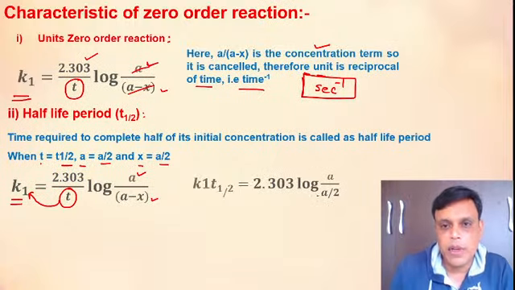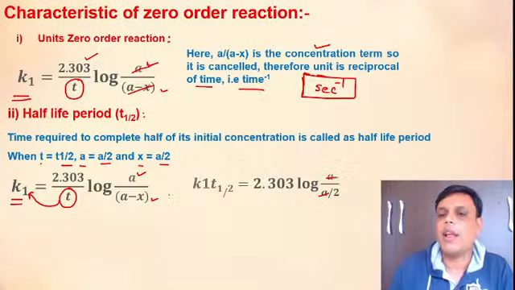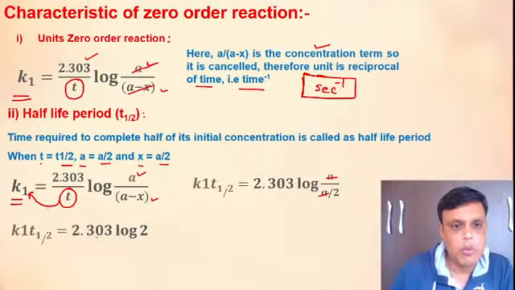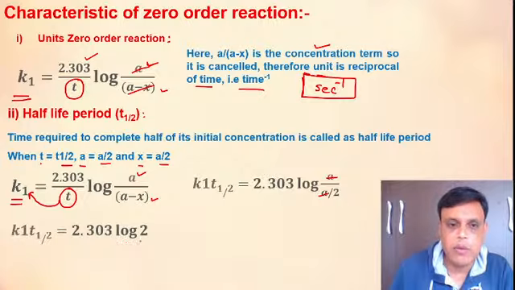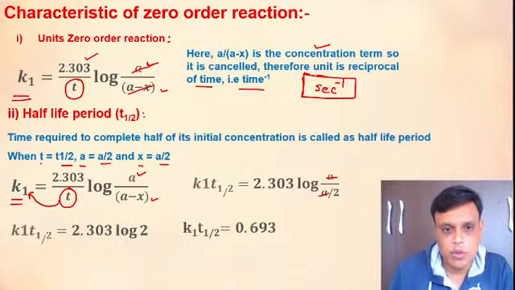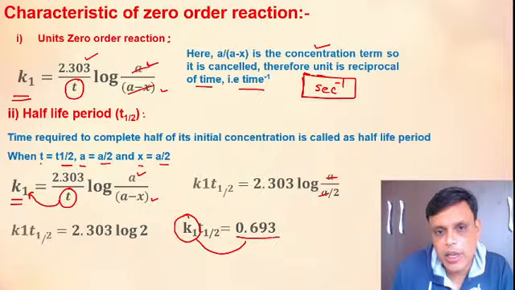So what will happen? This a and a will cancel. We will remain with only this: k1 t half is equal to 2.303 log 2. If we take log 2 and multiply that value with 2.303, we will get 0.693. So k1 t half is equal to 0.693. And if we take this k1, which is multiplying, to the other side, it will get divided.